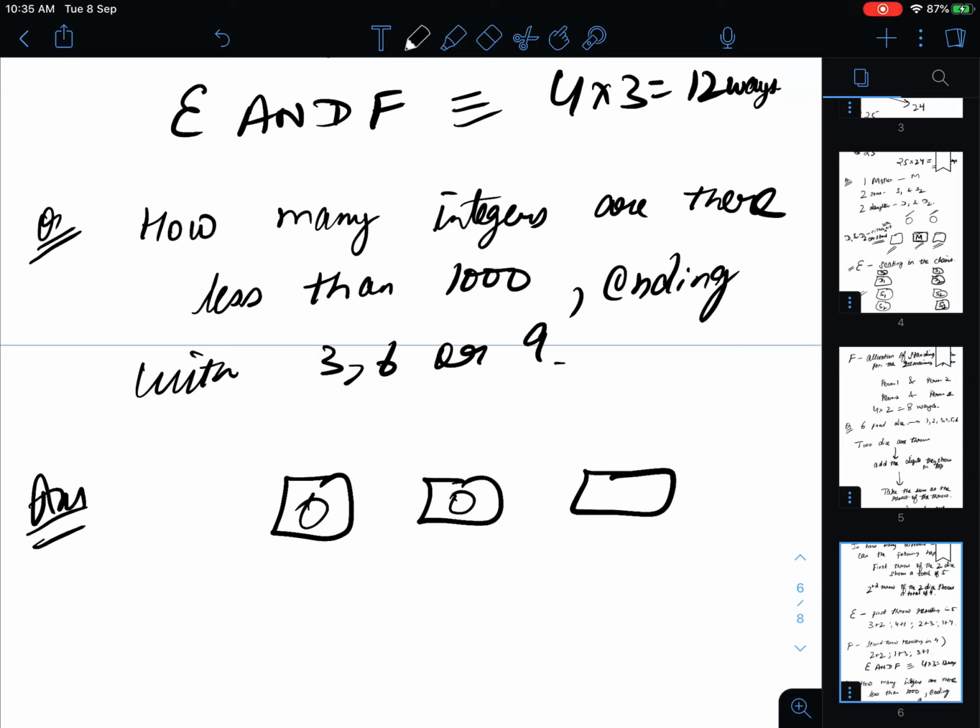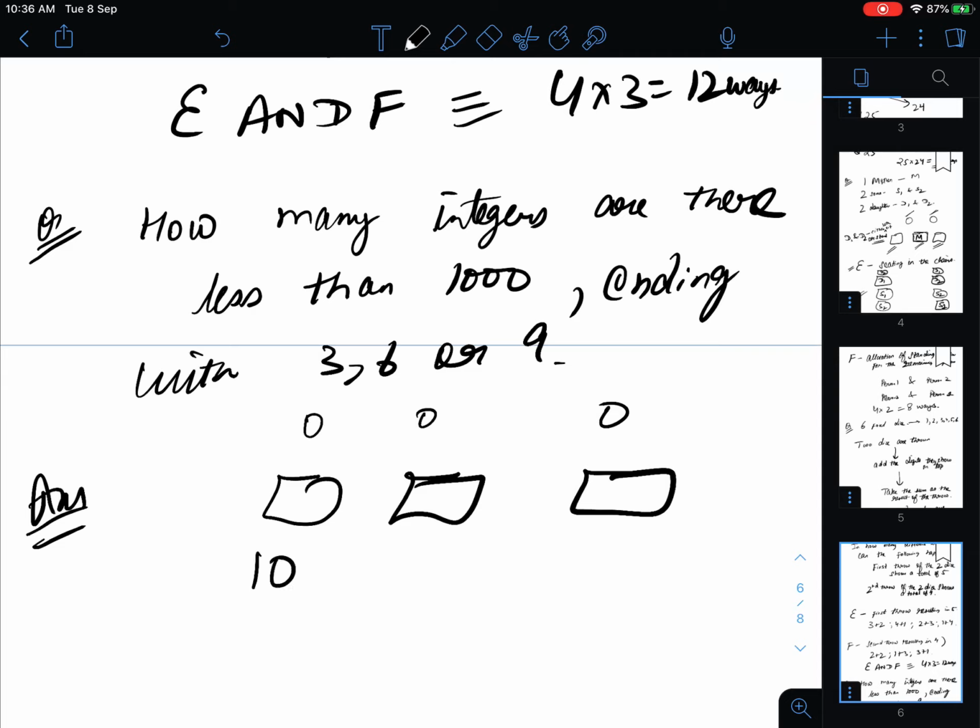Okay. Now the number 0 is 0, 0 and 0. So the 1000 numbers less than 1000 including 0, that's why they are 1000 in number, are obtained by filling up the three blank spaces in all possible ways.